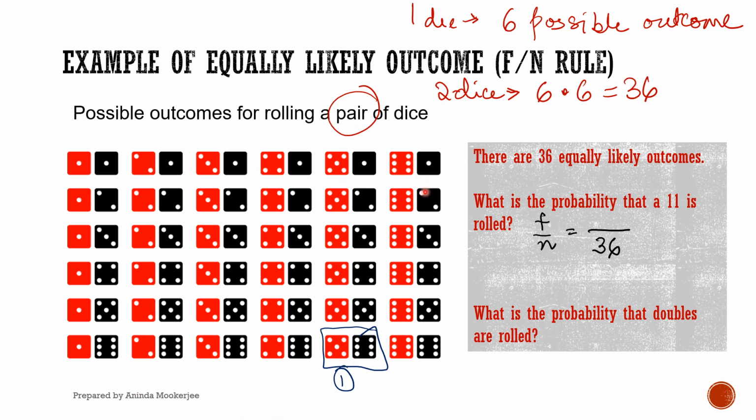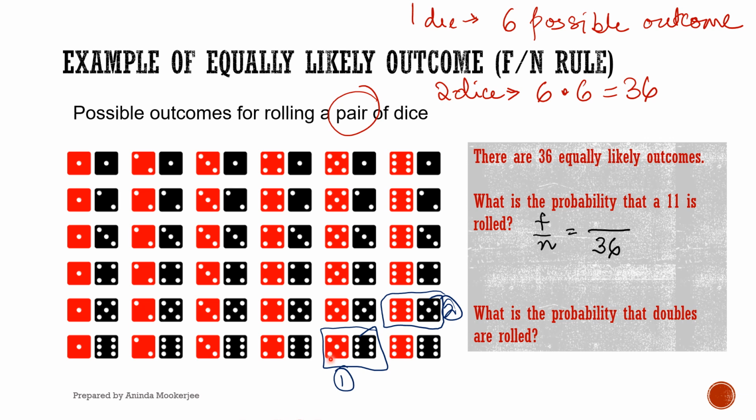In the last column, let's go through this. 6 plus 1, 7, 8, 9, 10. This one here, the fifth one down the last column, 6 plus 5, 11. This is another way we can get our 11, right? This is the second way. Any other ways? The last one is 6 plus 6, 12. So no, there are two ways in which we can get 11.